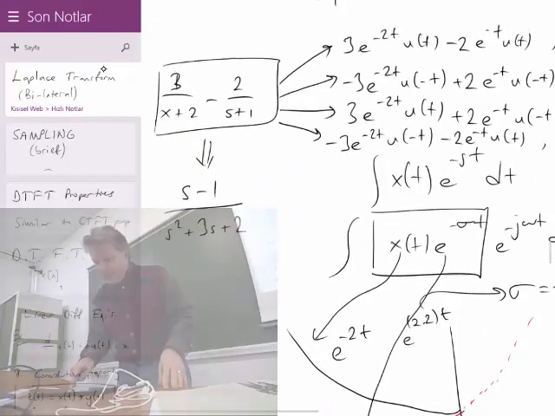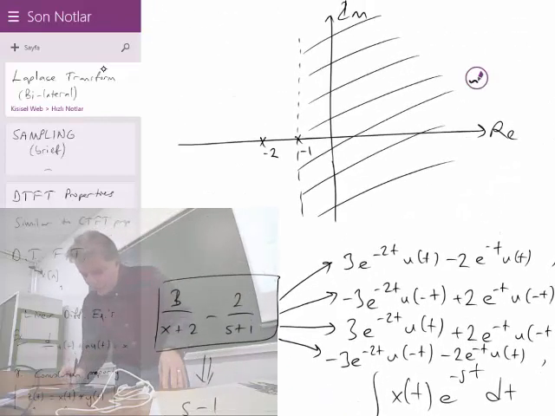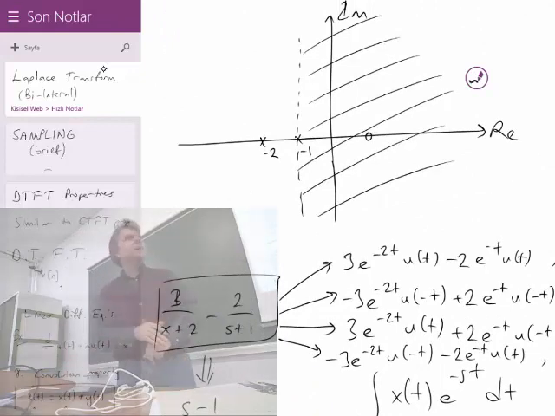So maybe it is more accurate to draw it like this, to indicate it like this. And as you see, the existence of a zero inside the region of convergence is not a problem. Of course, inside the region of convergence, you may have zeros, but you may not have poles. It's not allowed.